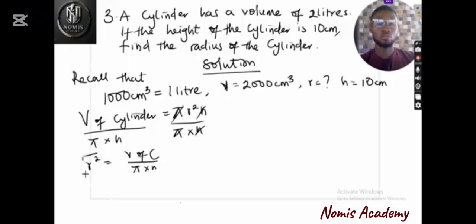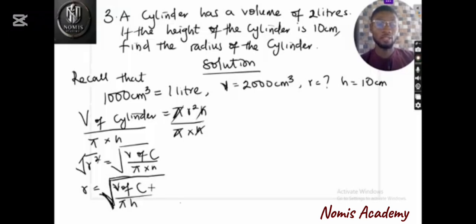So I will square root both sides so that I can make r the subject of the formula. So r now is the square root of V, the volume of the cylinder, all over pi h. Now this is the formula I'm going to use to calculate.